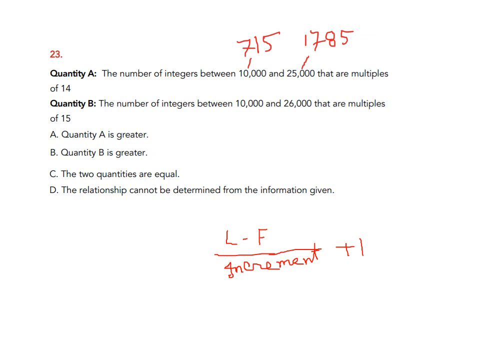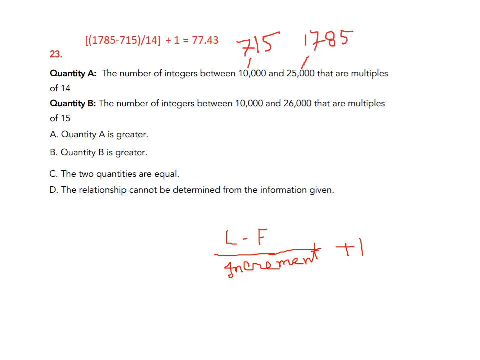Remember that the product should not exceed 25,000 or be less than 10,000. So in this case, the last number will be 1785 and the first number is 715 and the increment is 14, plus 1.